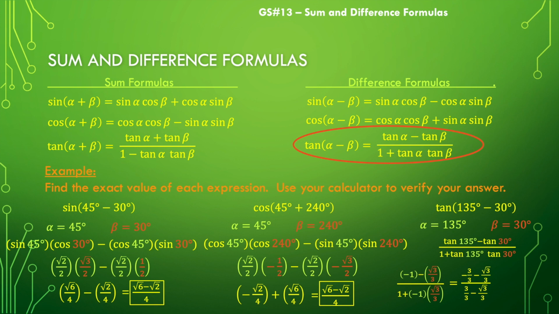I can get rid of those denominators by multiplying the top and the bottom by 3, and all of those denominators go away, and that immediately makes things look a lot nicer. So I have -3 minus rad 3 over 3 minus rad 3. So maybe your instructor will be happy with that answer.